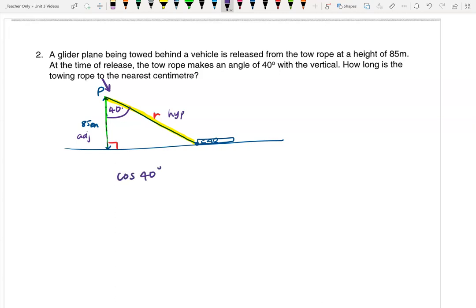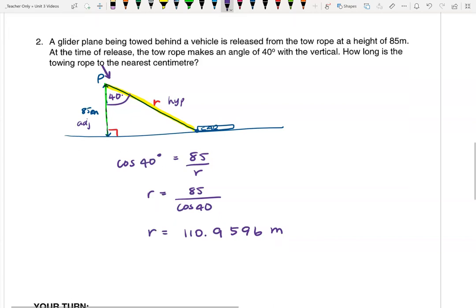So the cos of 40 degrees is equal to 85 over R. So R is going to be 85 divided by the cos of 40. So when we pop this into our calculator, we get R as a value of 110.9596 meters. Okay, but we want it to the nearest centimetre.